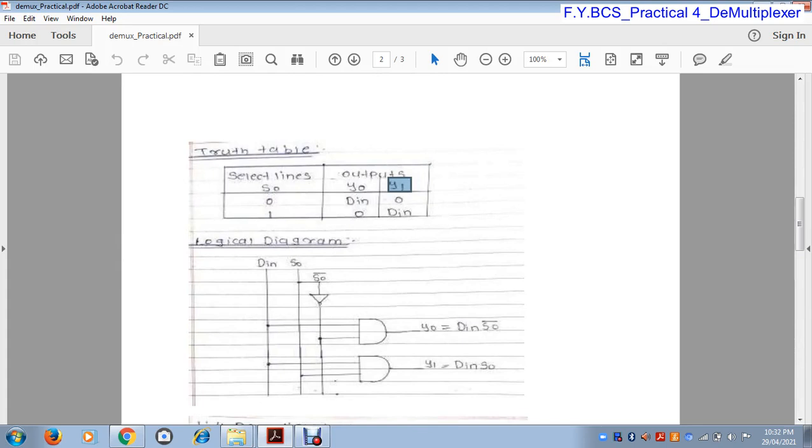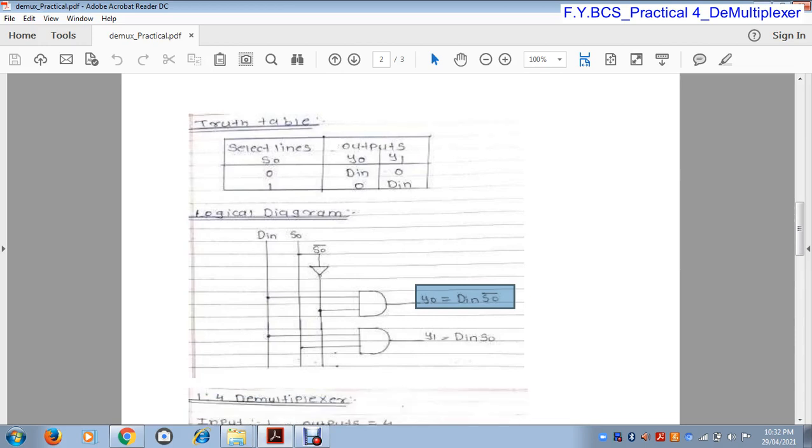The inputs of the first AND gate are D in and S0 bar, and this is Y0. The inputs for Y1 are D in and S0. In this way we design a 1:2 demultiplexer.